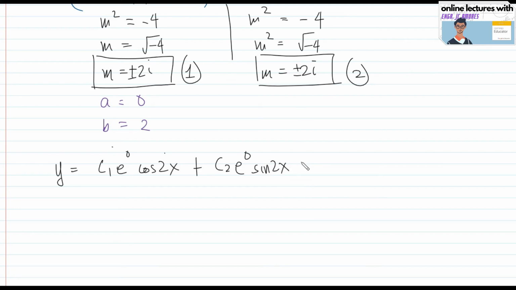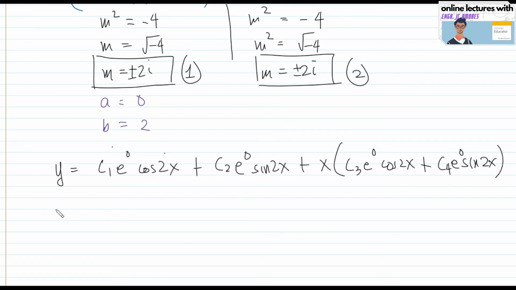And then the second time it repeated, so we'll have x times the quantity c sub 3 again e raised to 0 cosine 2x plus c sub 4 e raised to 0 sine 2x. So notice that I did not put x here and then x squared here, because only the root plus and minus 2i was repeated twice, so therefore it should be only x.